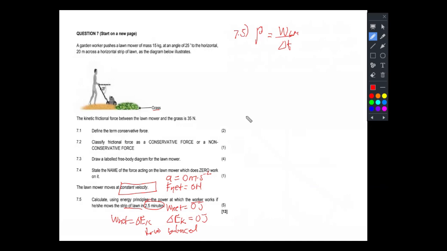So that means here, from our free body diagram, we could see that our normal force was just like that, and then our gravitational force facing down, and then we had our force applied here, which is the force of the lawnmower. And then here we had our FK, right? So if we wanted to calculate the work done by the lawnmower or the work done by the force applied, then we would just say W net is equal to change in EK, right?